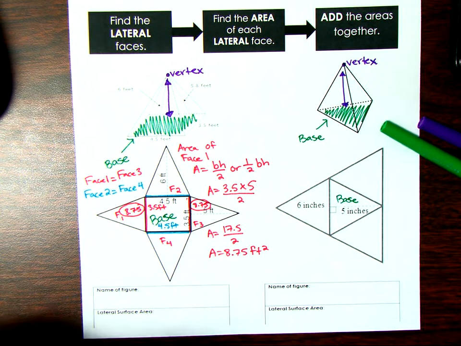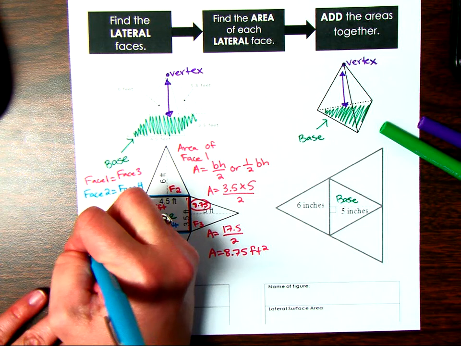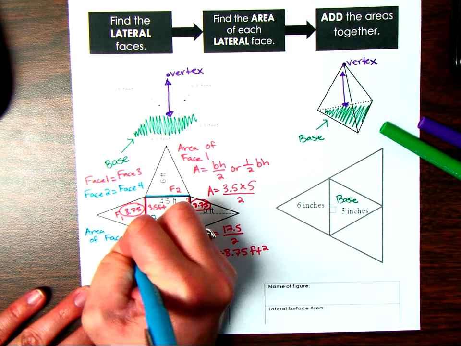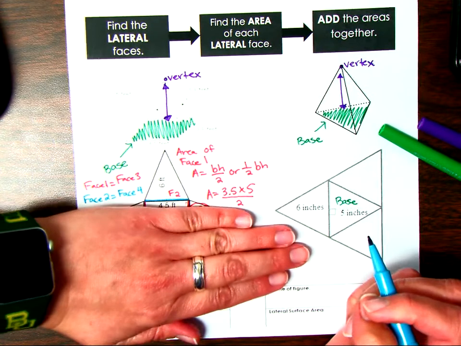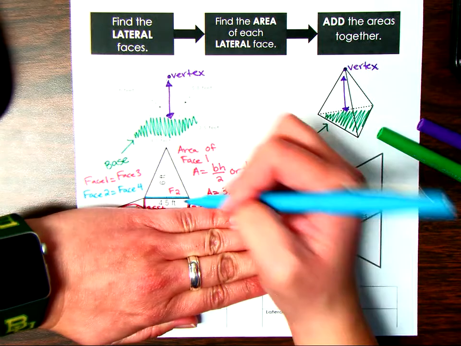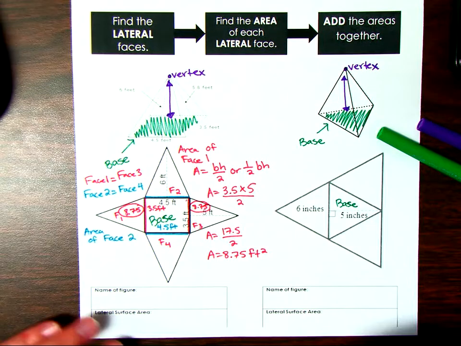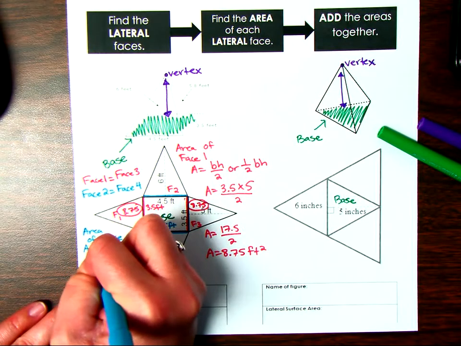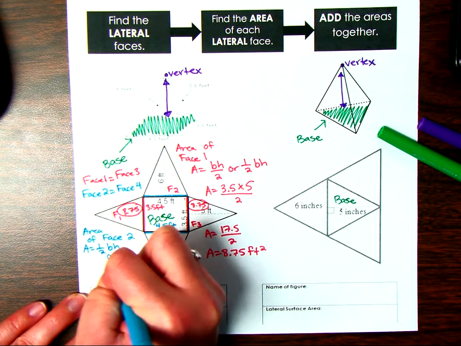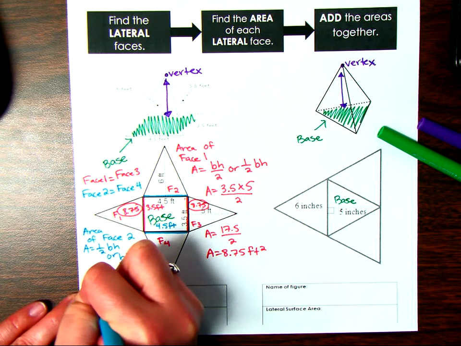So now let's look at face 2 or face 4. If we look at our triangle for face 2, the base of that triangle is 4 5/10 feet, and the height is 6 feet. You always want to start with your formula, 1/2 base times height, which is the same thing as base times height divided by 2.